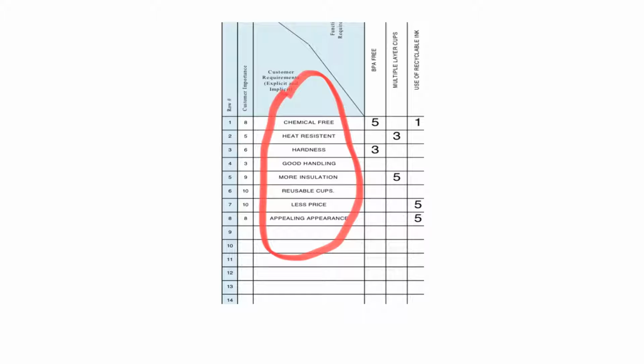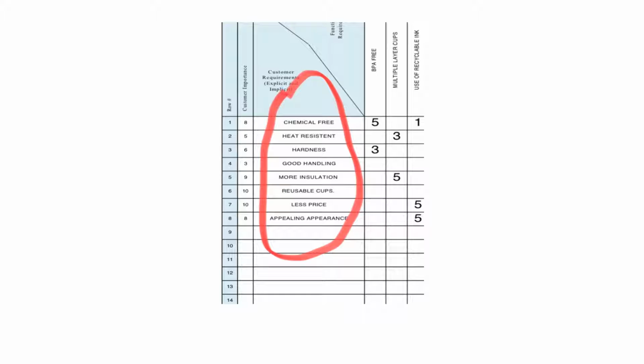If a customer is using one-time use cups, nobody drinks their coffee within 5 or 10 minutes after they purchase it. So people want their one-time use cups to be manufactured in such a way that they could hold the coffee hot for at least half an hour to 40 minutes.